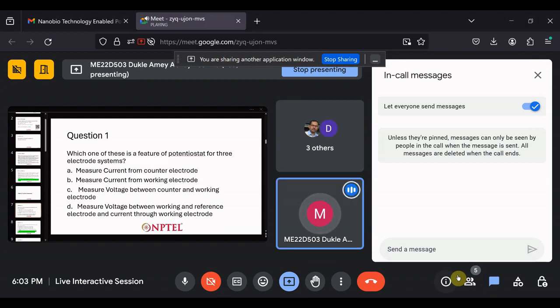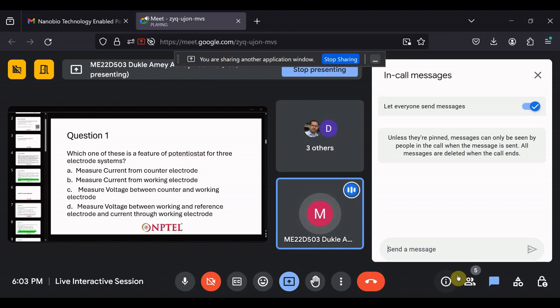Anyone has the answer? Potentiostat, from the word itself, you can assume that it has something to do with voltage. It is not a current related device. But it's also an op amp, so it has an operational amplifier, so it operates on a feedback loop kind of thing.